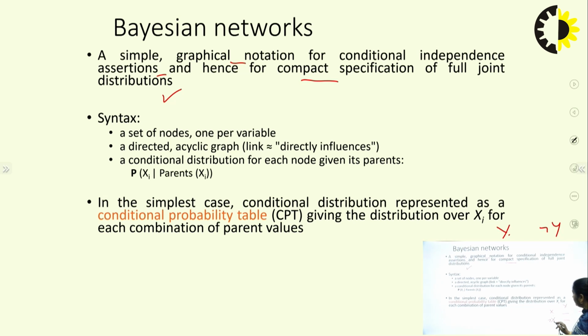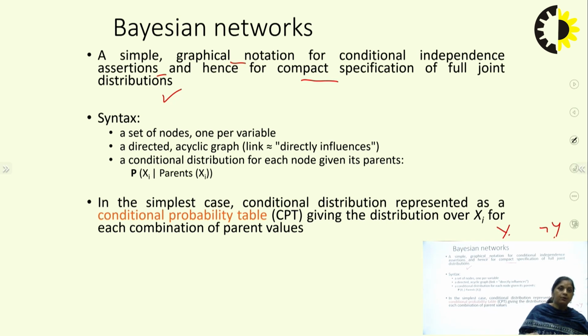When x is false as well as y is false, what is the probability? So, in this I am having 4 entries for 2 variables. Same way I will have 8 entries for 3 variables. I will have 16 entries for 4 variables.